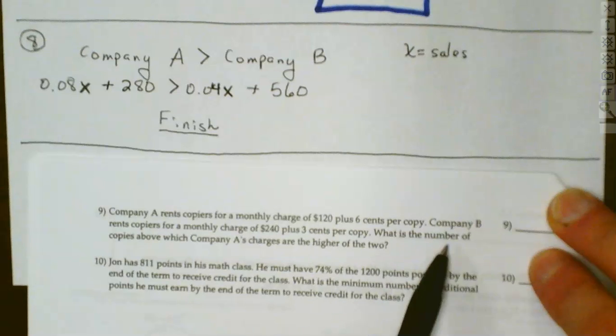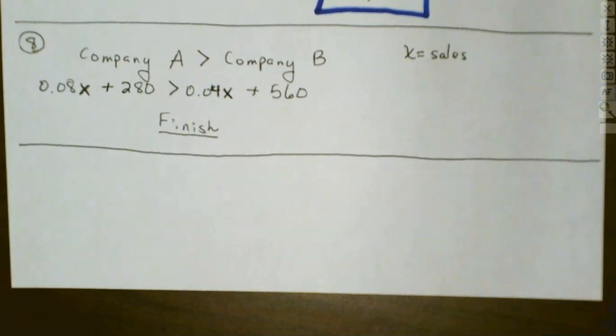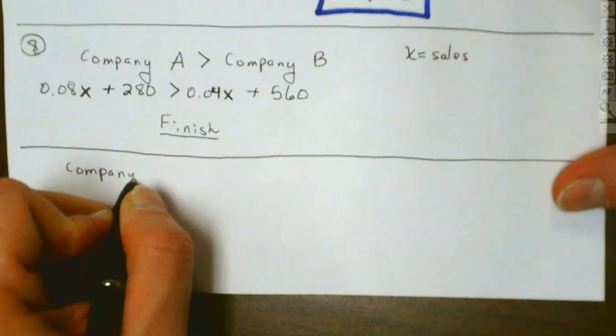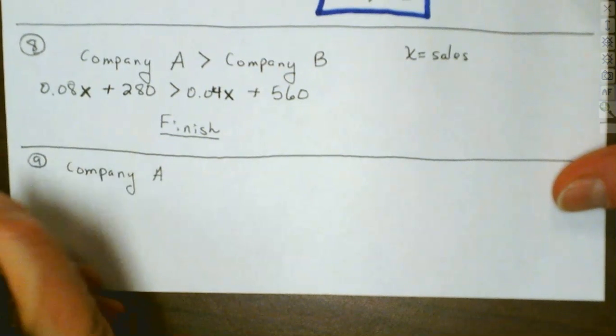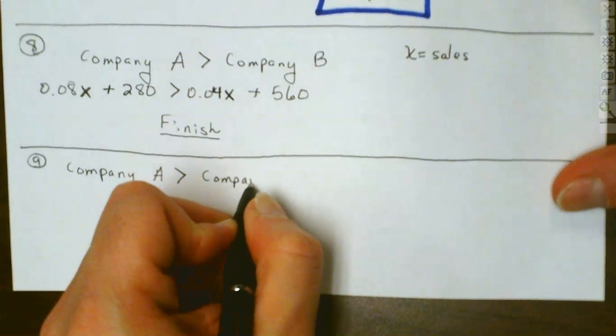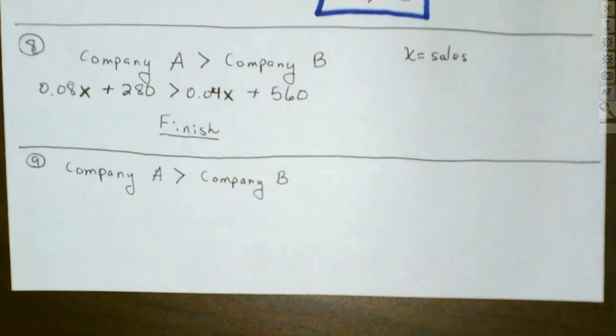What is the number of copies above which company A's charges are higher of the two? So I want company A to be more expensive. So that again means, and this is question 9 here, company A needs to be bigger than company B. So that's what we've got.